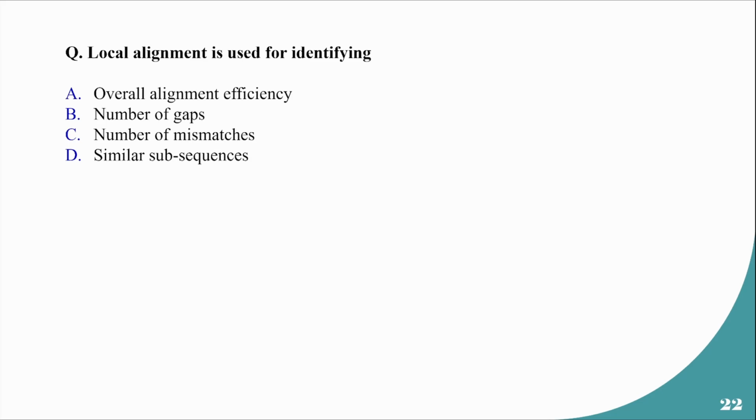For overall efficiency, number of gaps, number of mismatch, or something like similar subsequence. So what would the function or the purpose of local alignment be? You can answer in the chat. So I see one answer D, I guess.